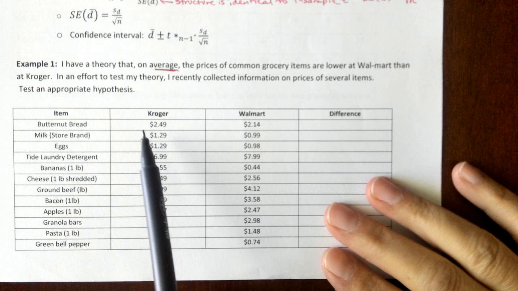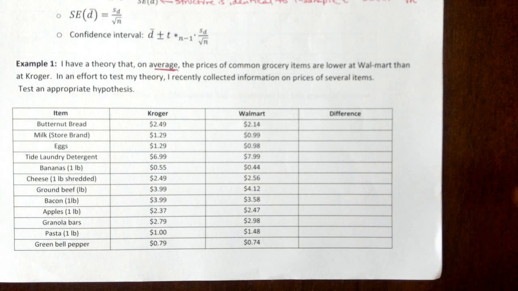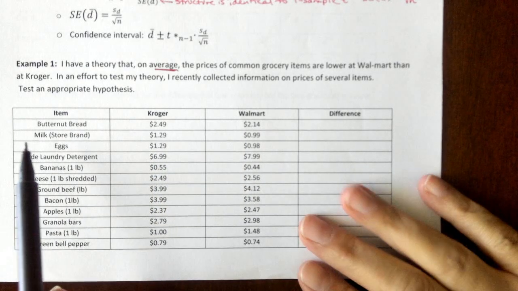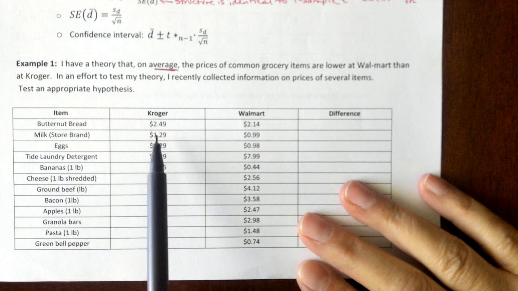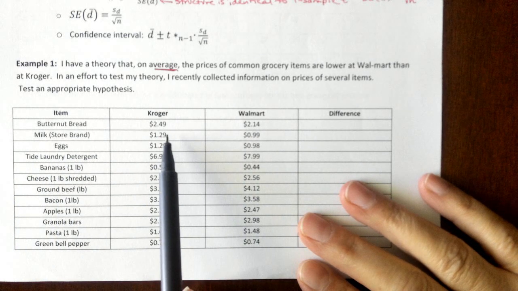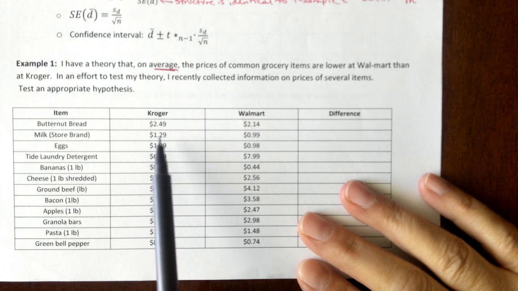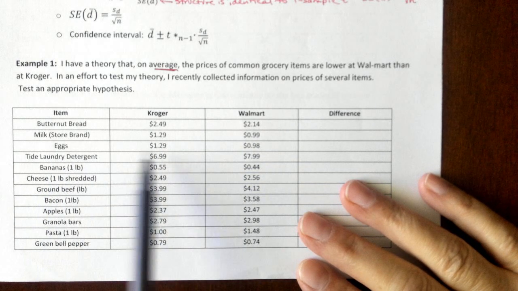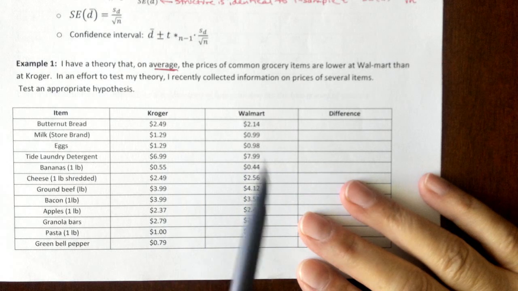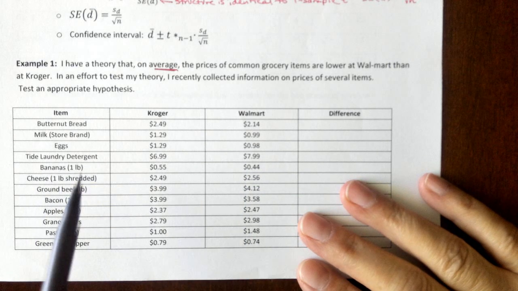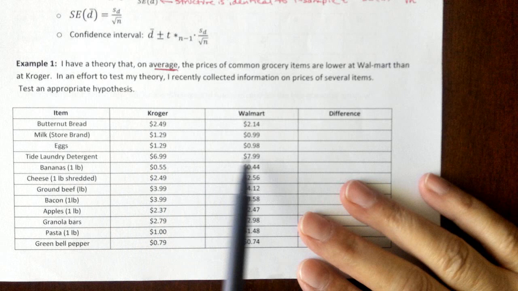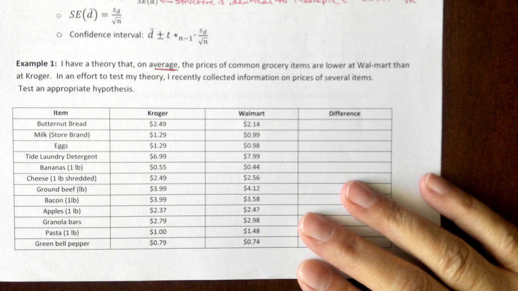So those retail prices should have some sort of link. Milk, the store brand of their milk, there should be some relationship, some lack of independence, some association between those two prices. Eggs, we're assuming there's an association between those prices. The price of Tide laundry detergent, there should be an association between those two prices.